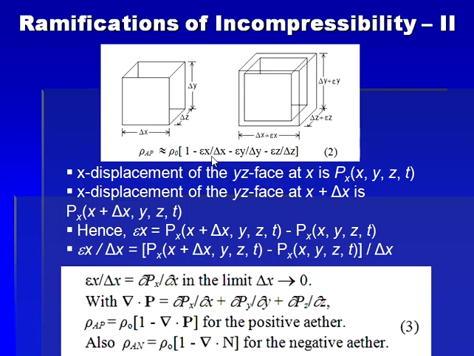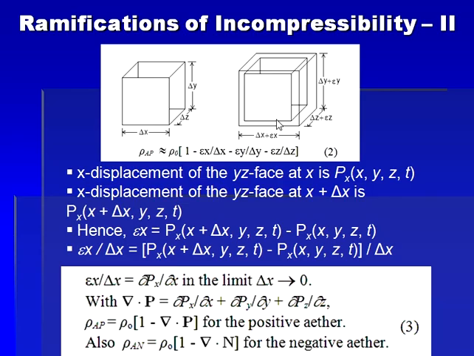Hence, the x component of p at x is the displacement of the left yz face of the cube shown in the picture. It's displaced from where it originally was to where it becomes later. And the x displacement of the yz face at x plus delta x is p sub x evaluated at x plus delta x, y, z, and t.